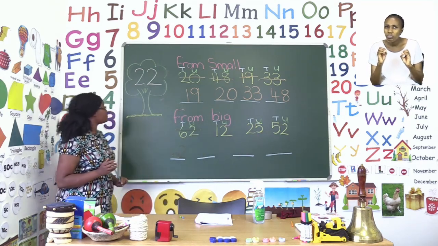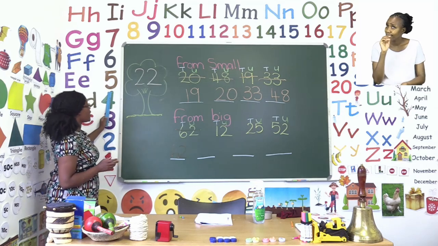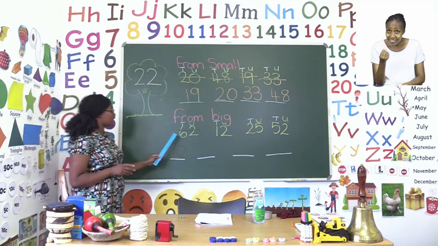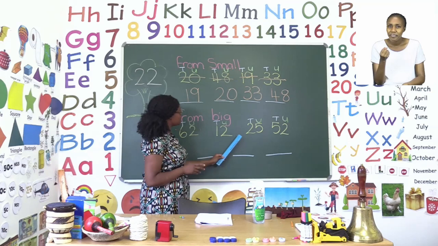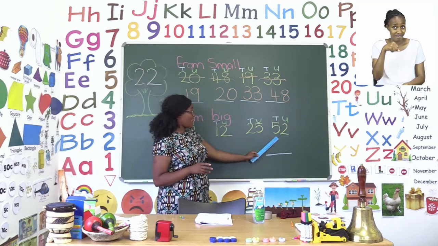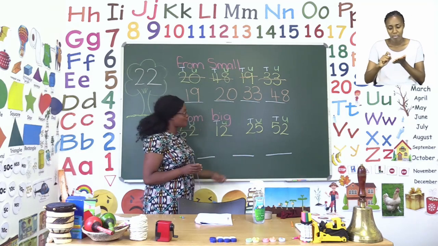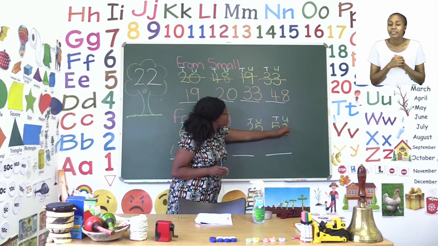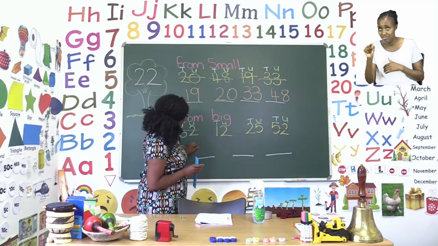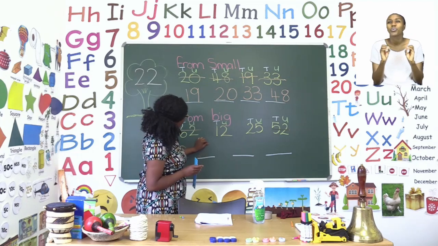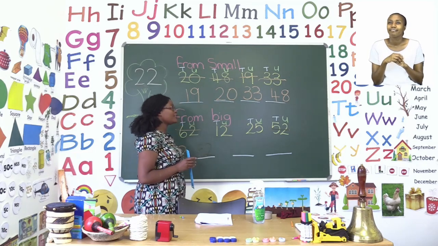No. So that means we're going down. 5. Do we have any 5s at Mr. Tens? No 5s. Oh, there we go. We have a 5. So the next one, boys and girls, is the number 52. So go ahead and write 52 and then cross it out.